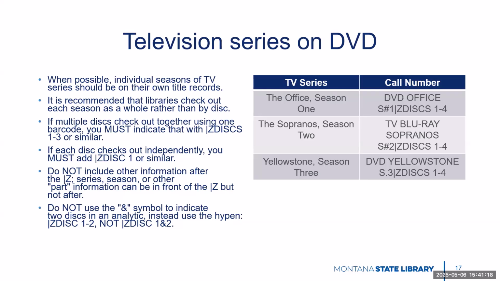And one last thing that I put on this slide, definitely don't use the ampersand or the and symbol to indicate if you only have 2 discs in an analytic. Instead, use the hyphen or the dash. So discs 1 through 2, not disc 1 and 2.